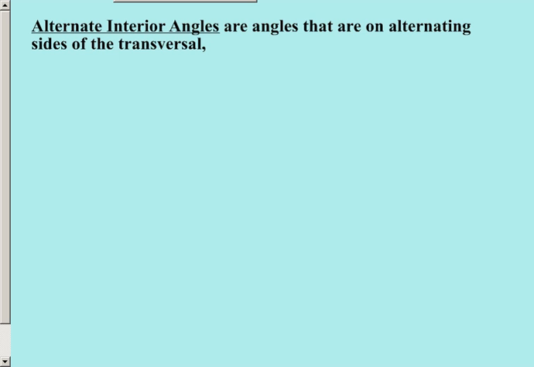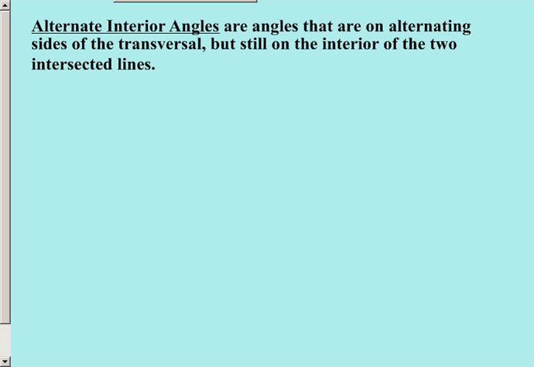Now, alternating sides of the transversal means that one of the angle pair is going to be on one side of the transversal, the other of the angle pair will be on the other side of the transversal. And then the term interior means they are both on the interior of the two intersected lines.